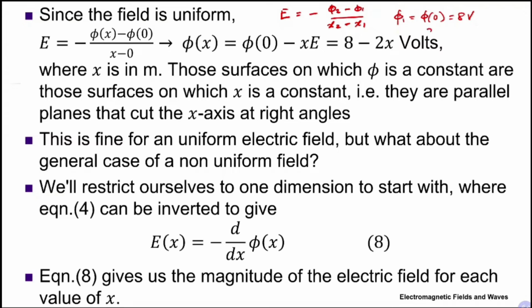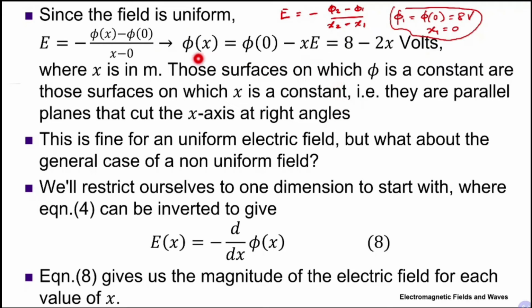Okay, so this is where x equals 0, and that is the information we are given. So phi 1 equals 8 volts, x1 equals 0, and therefore we can work out phi as a function of x.